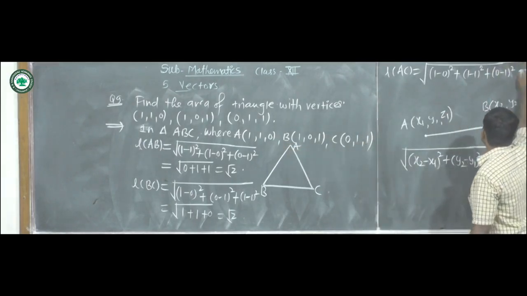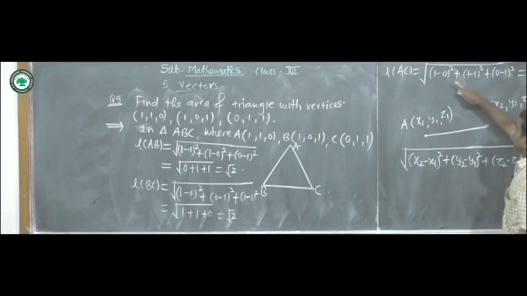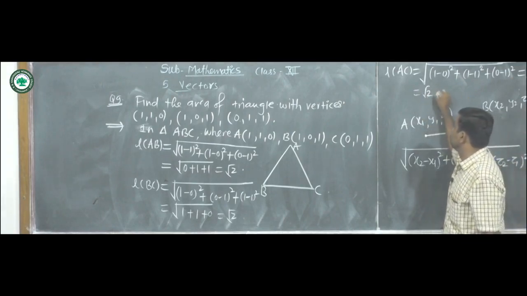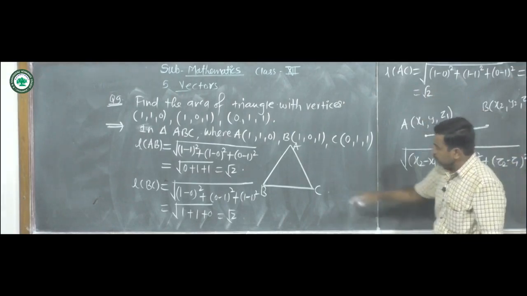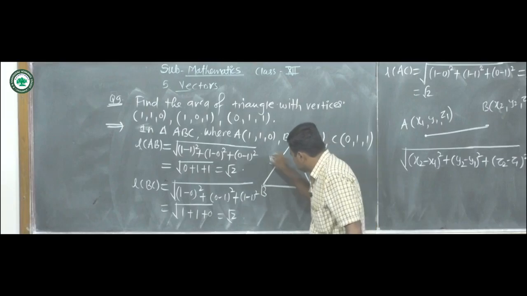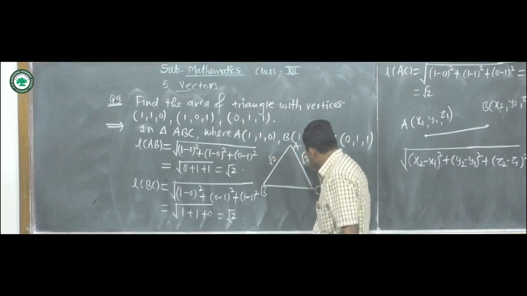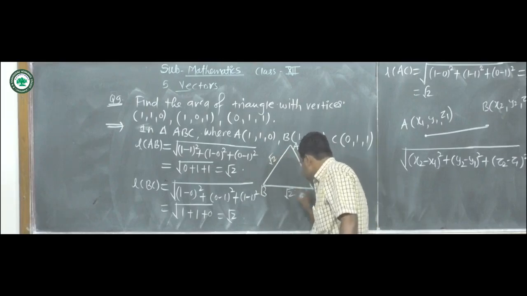So it is equal to square root of 1 plus 0 plus 1, which is square root of 2. So see, this side is square root 2, this side is square root 2, and this side is also square root 2.